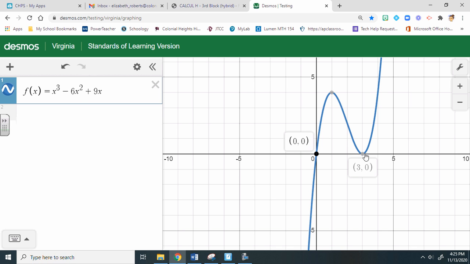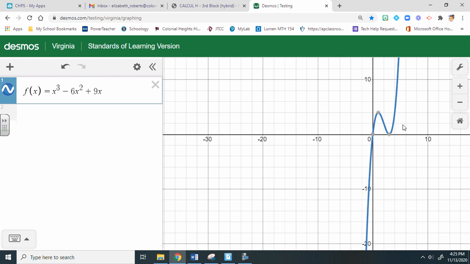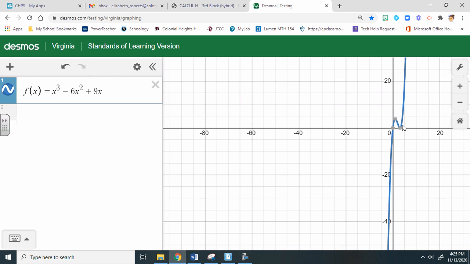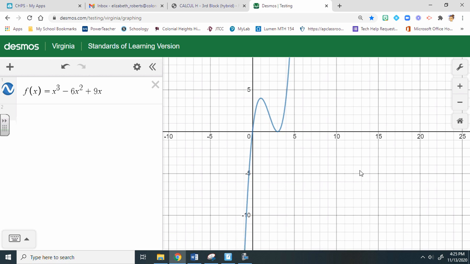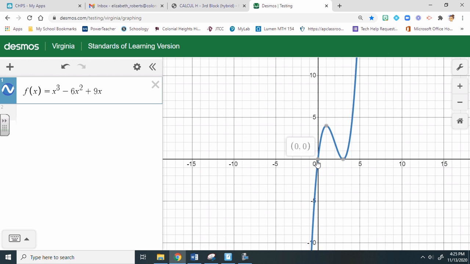You need your x-intercepts, you need your maxes and your mins, which some of these all happen to be the same. So I really only have 3 important points, and you can zoom out. There's no other curves, right? This is cubic. It should look kind of like an N, so it shouldn't curve in any other way. So again, my points are (0, 0), (1, 4), and (3, 0).